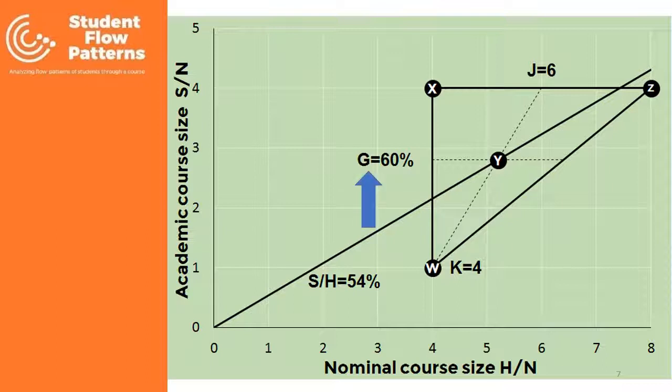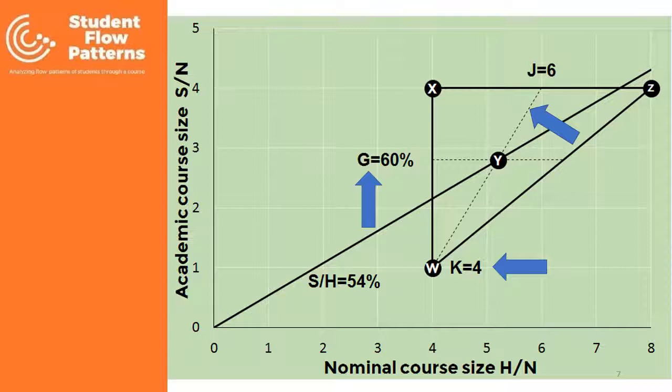A constant graduation rate of students is associated with the horizontal dotted line through the point Y. A constant average number of years for students to graduate is associated with the slanted dotted line through the point Y. A constant average number of years for students to drop out of the course is associated with the position of the vertex W of the flow triangle.